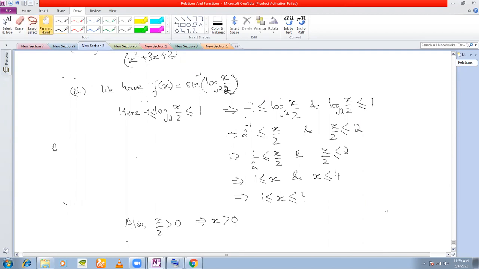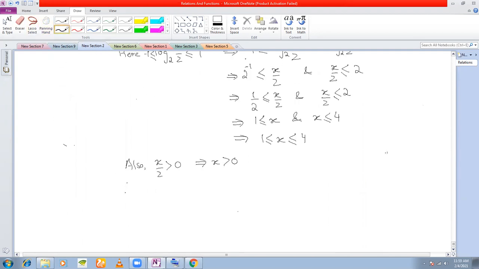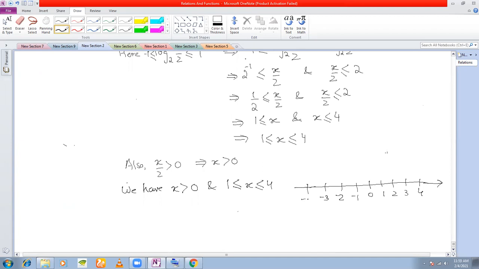So now let's come to the number line. What are the two restrictions we are working on? We have x greater than 0 and 1 less than or equal to x less than or equal to 4. On the number line you have 0, 1, 2, 3, 4, and you have minus 1, minus 2, minus 3, minus 4.